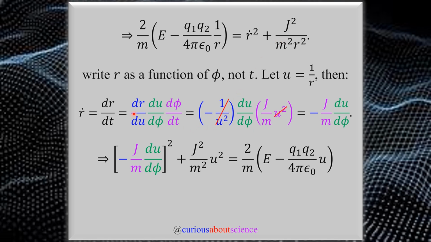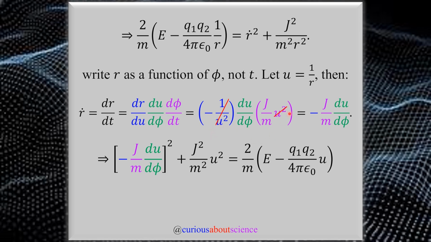Then, if u is equal to 1 over r, then r would equal 1 over u. All we have to do is multiply, then divide. So what we see here is that the derivative would be negative 1 over u squared, du dphi, and that's what we're looking for. Now we have a function that relates du and dphi, but this is really a function relating r and phi. So cool.